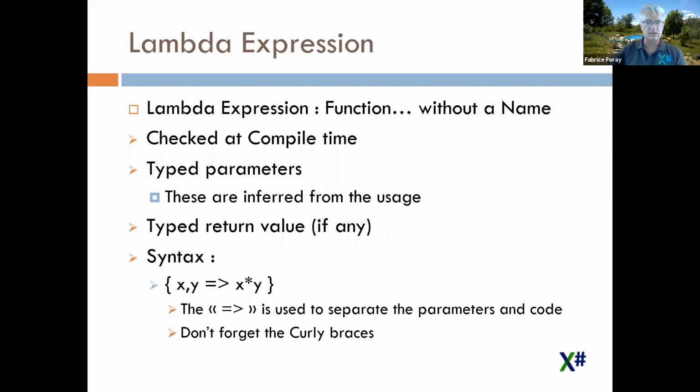So the syntax is very easy to read. You have to put curly braces at the beginning and at the end. You have to set the list of parameters, which is comma separated, so you indicate the formal name of the parameters. Then you have a kind of go-to sign with the equal and the right chevron, and then we can have the corresponding code.